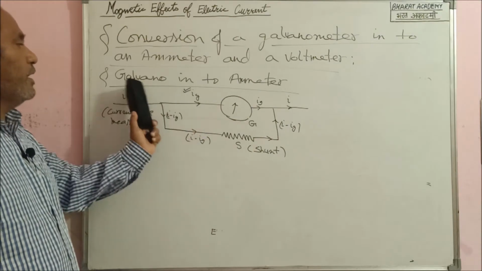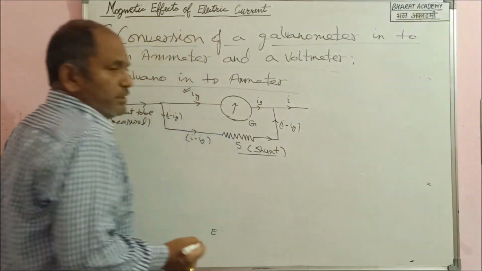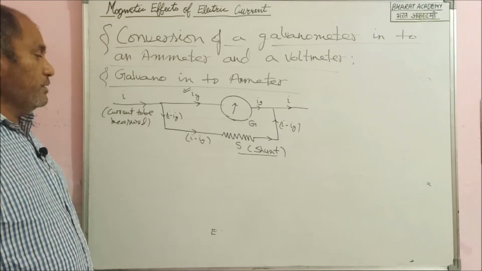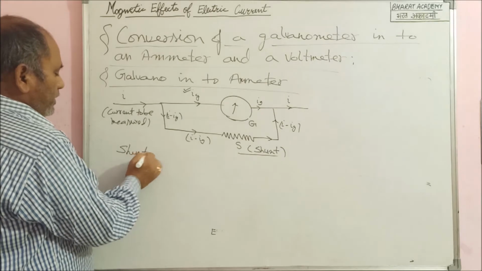So this is a simple process of how to convert. To convert a galvano into an ammeter, we apply a low value resistance known as shunt. Most of the time they do ask what is shunt, so be careful.